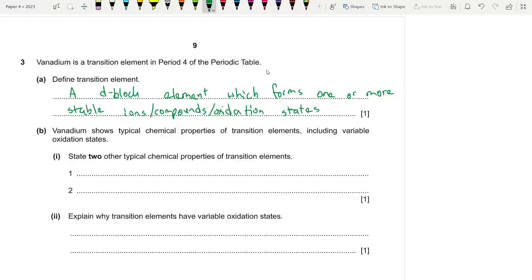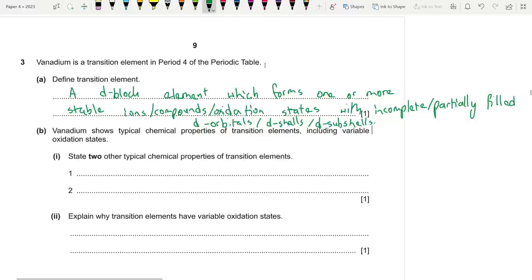I just told you a bit before, with incomplete or partially filled d orbitals, or d shells or d subshells.